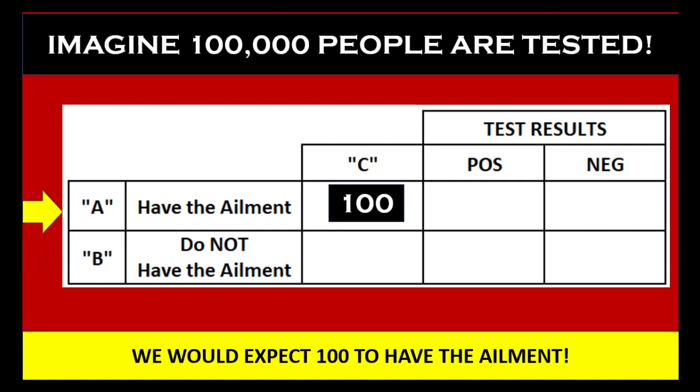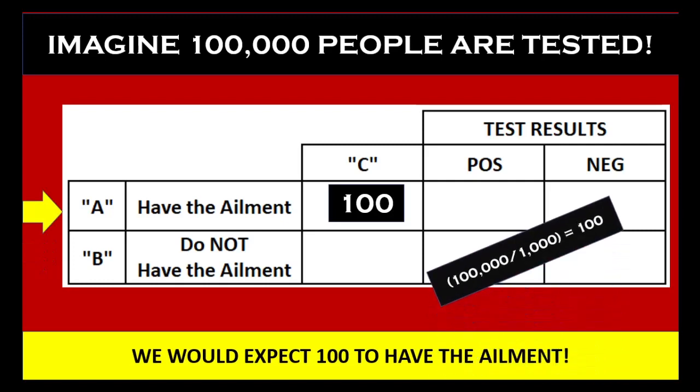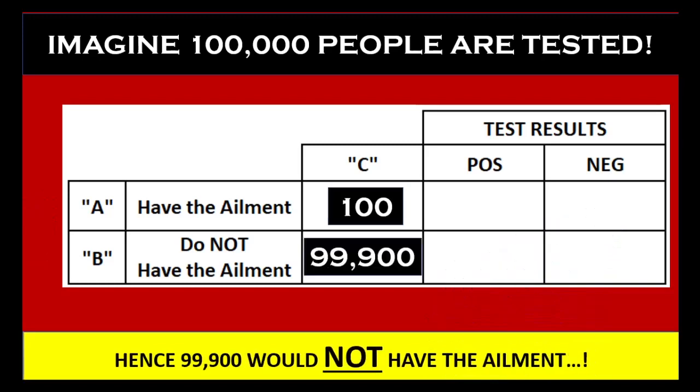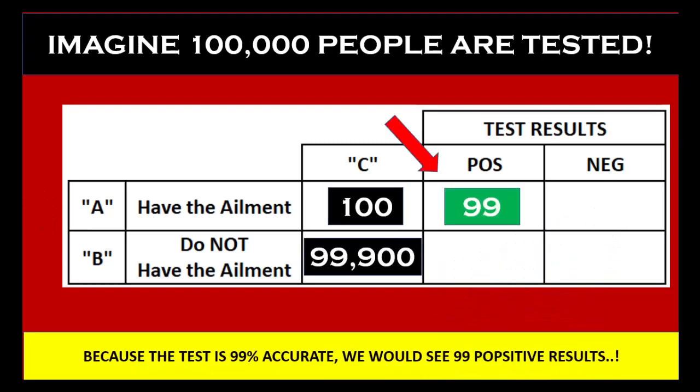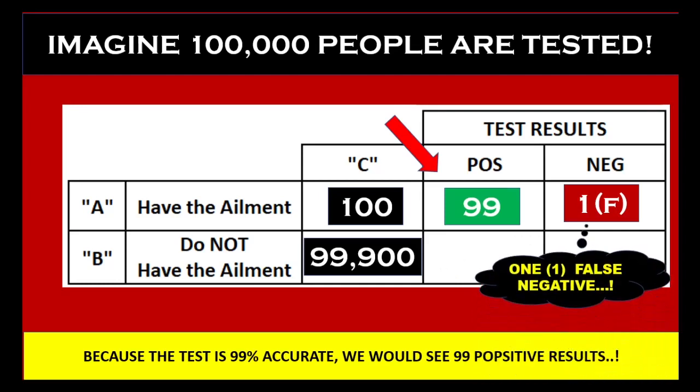Now, we would expect 100 of these 100,000 people to have the ailments, because it is 1 in 1,000. And hence, 99,900 would not have the ailments. Now, because the test is 99% accurate, we would see 99 positive results and 1 false negative. That is, 1 person who actually has the ailment will be told that he does not have the ailment.